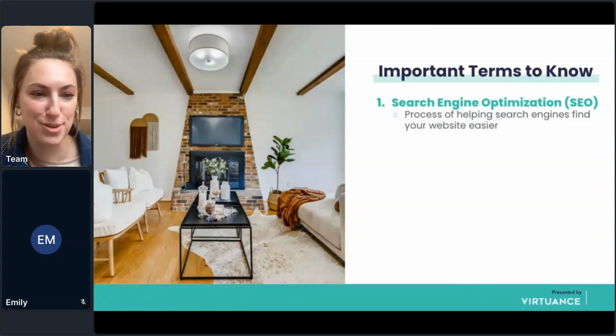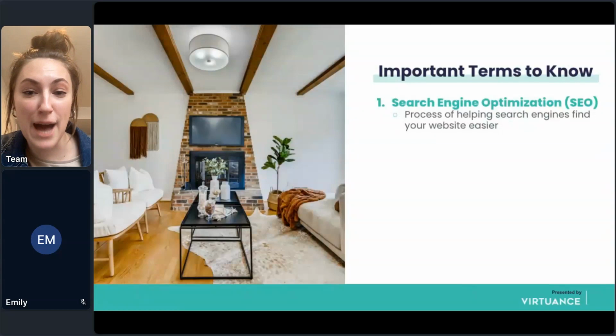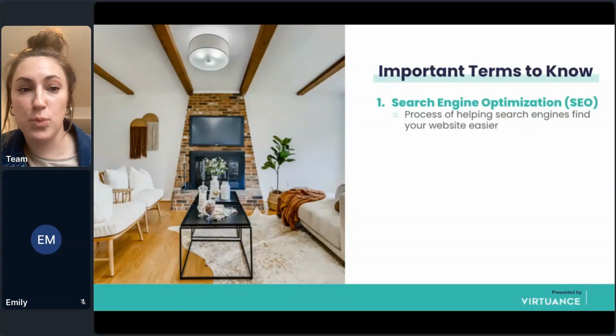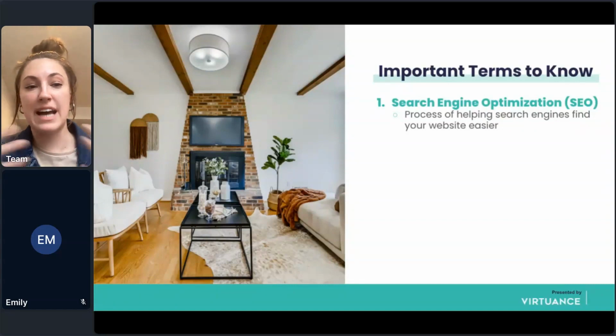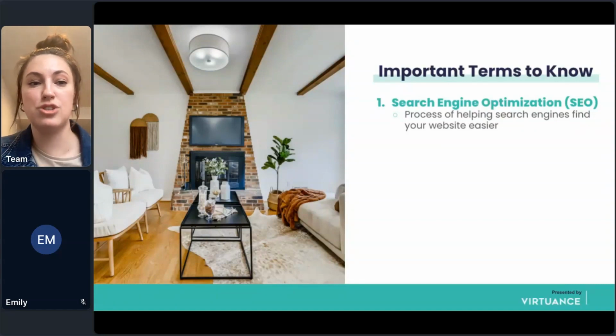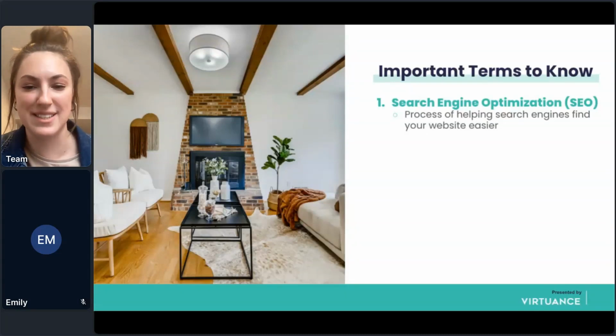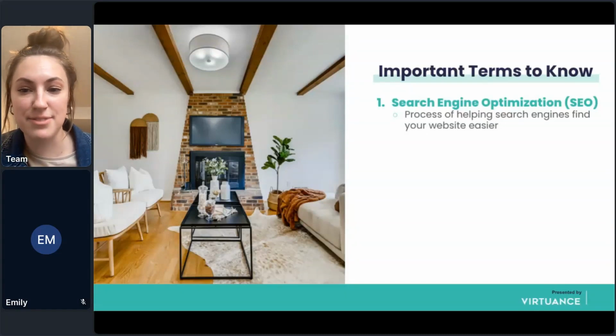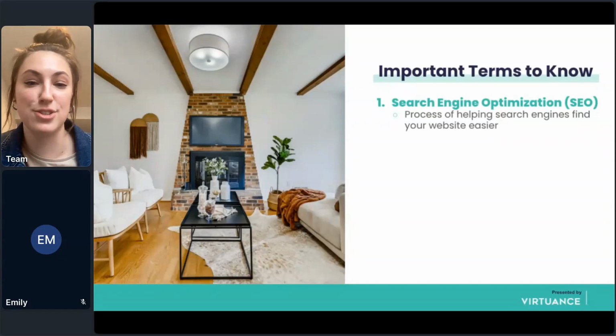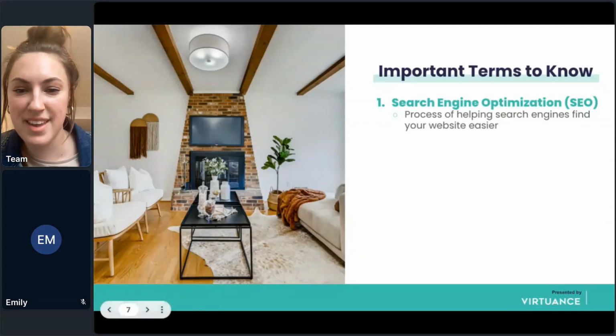We always turn to Google if we have a question because we can get an answer in under 5 seconds. So by optimizing your content, you're showing search engines that it is relevant to what users are searching for, right? They're going to these search engines and asking a question, you are providing the answer, and Google picks that up. So using SEO effectively, again, is rewarding your site with higher search engine rankings.